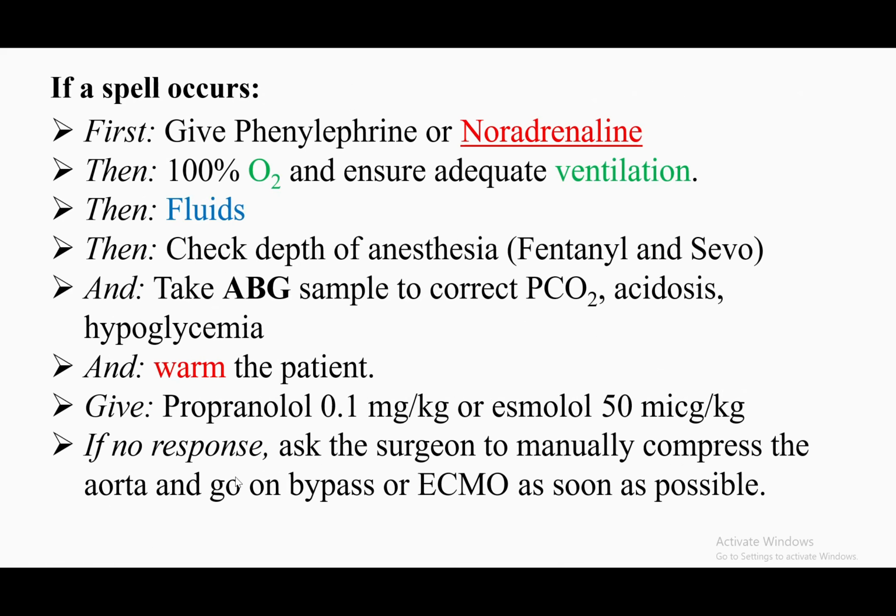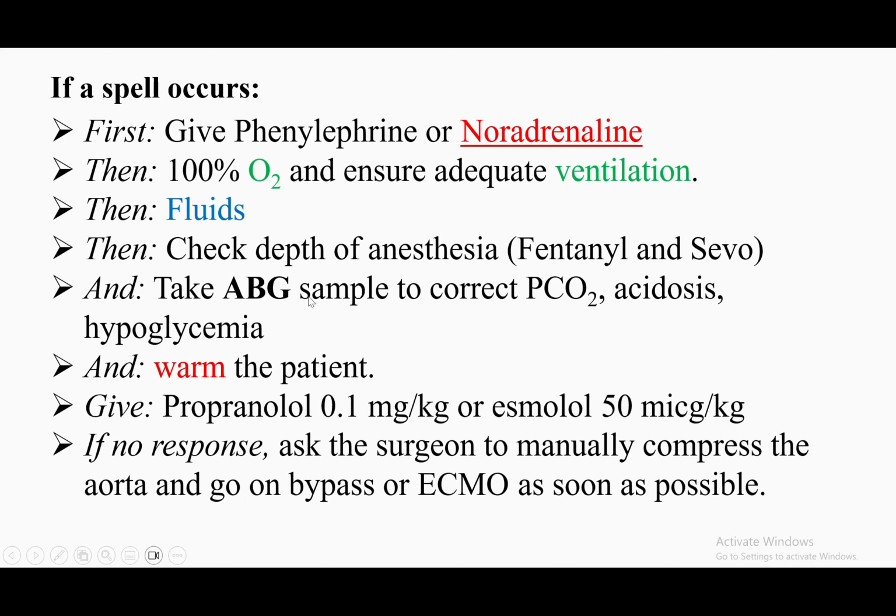If a spell occurs, first you give phenylephrine or noradrenaline to quickly reverse the shunt towards the pulmonary artery. Then 100% oxygen, ensure adequate ventilation, give fluids, check the depth of anesthesia, maybe the patient is aware or stressed or in pain.